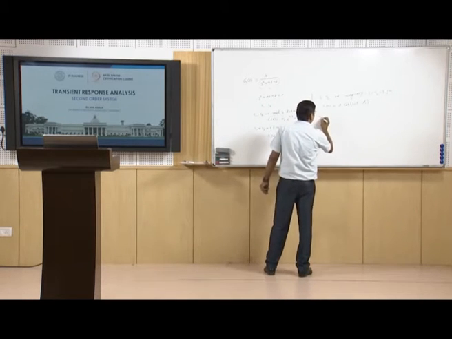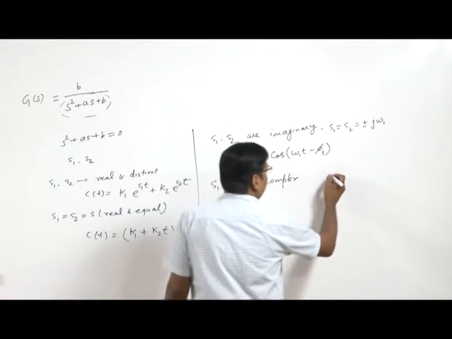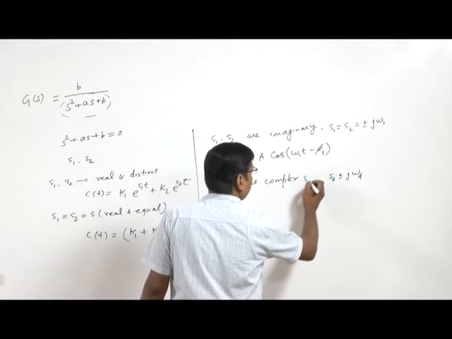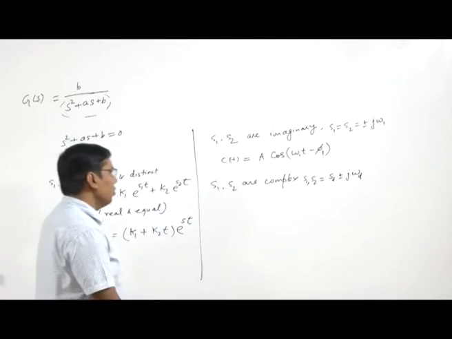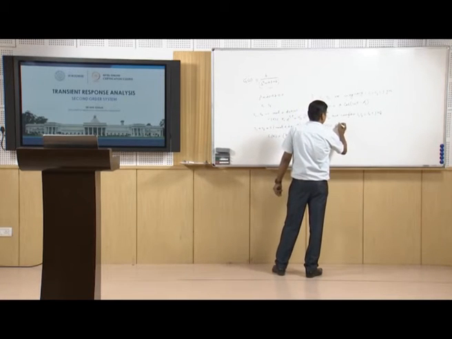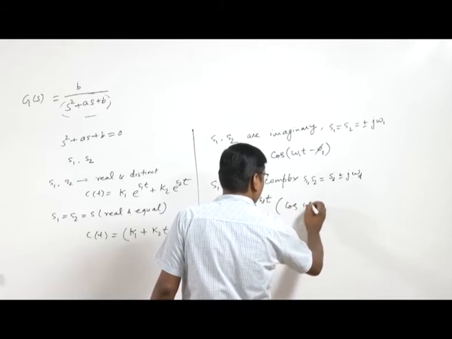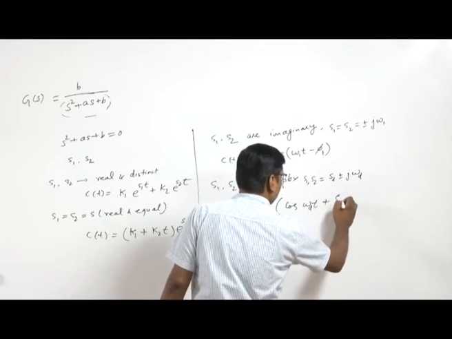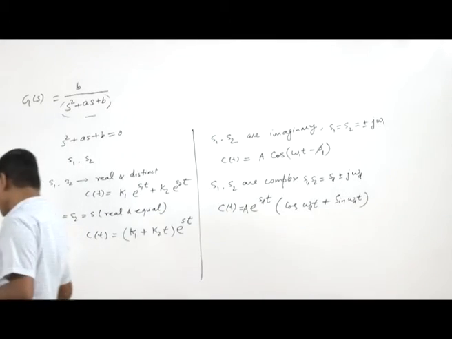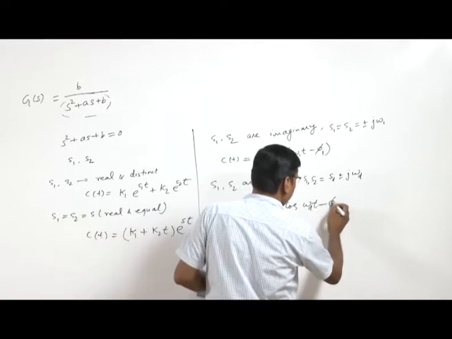And when they are complex, s1, s2 are complex poles, something like minus sigma d plus minus j omega d, so they are complex, and we can also write this in terms of a phase, minus phi.